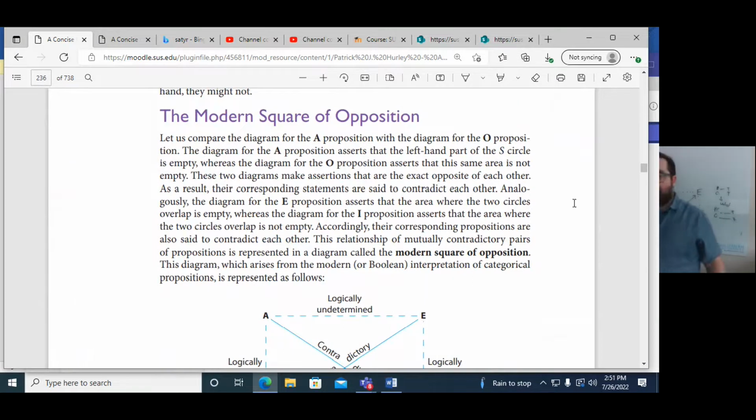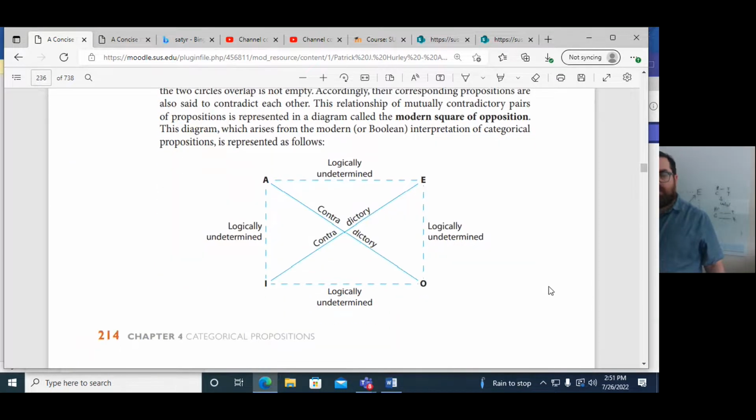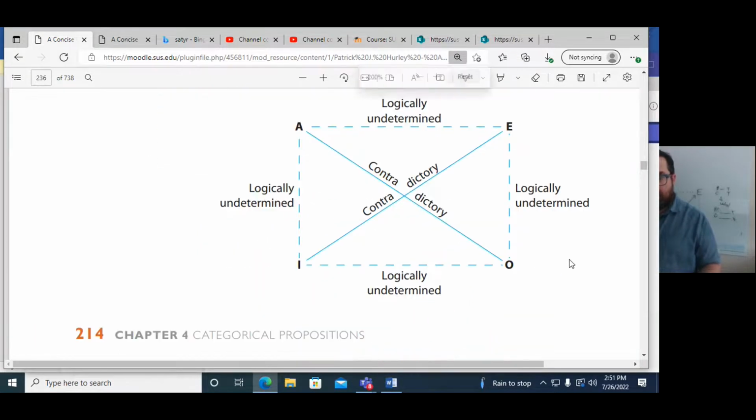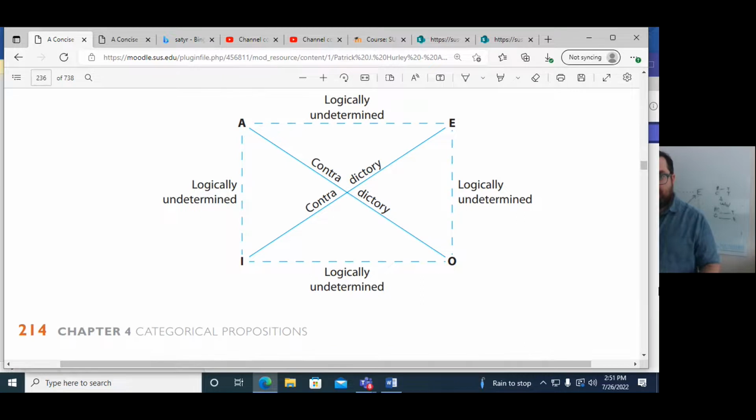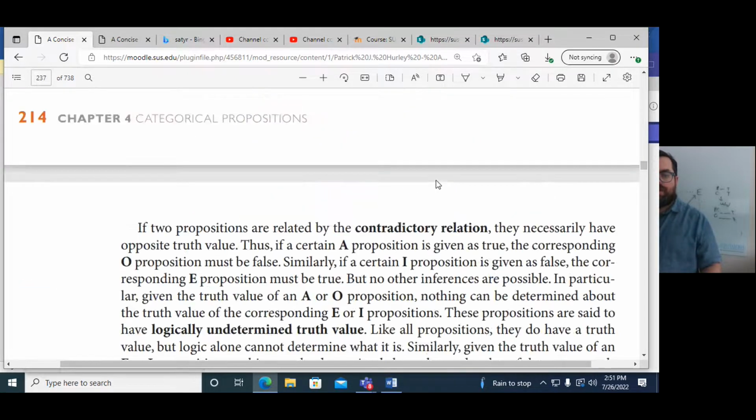This is a prettier picture than what I drew on the board just a moment ago. Let me put that in the middle. And these are contradictory relationships. If I is true, E is false. If E is true, I is false, and vice versa.